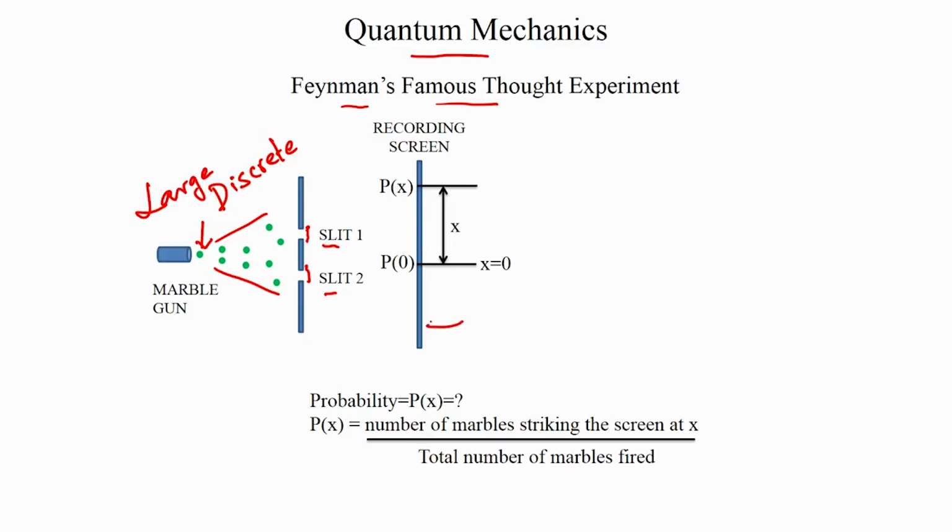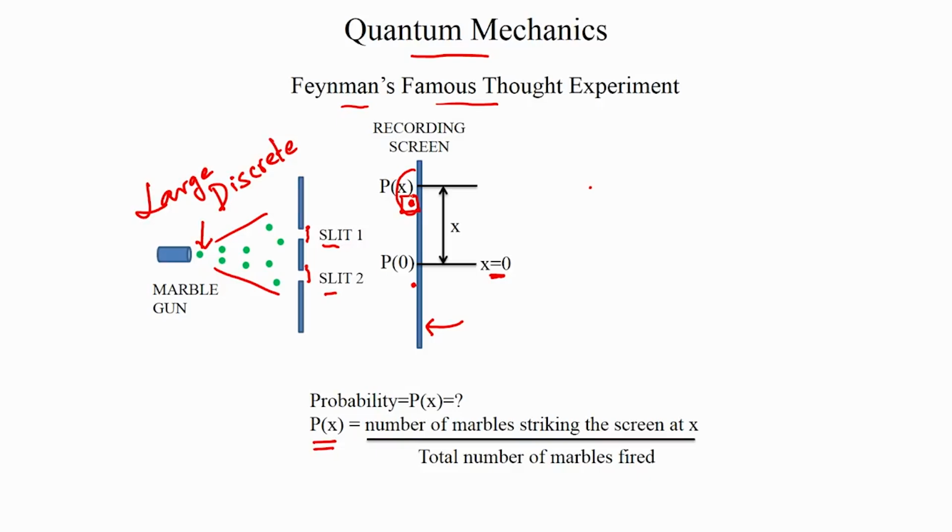So we have a recording screen here, and these little marbles will come and stick onto this recording screen. What we want to find out is how many marbles were collected at some point x from some reference x equal to 0. If you define this point on the screen as x equal to 0 and vary this distance as x, I want to know the probability that a marble struck the screen at this point.